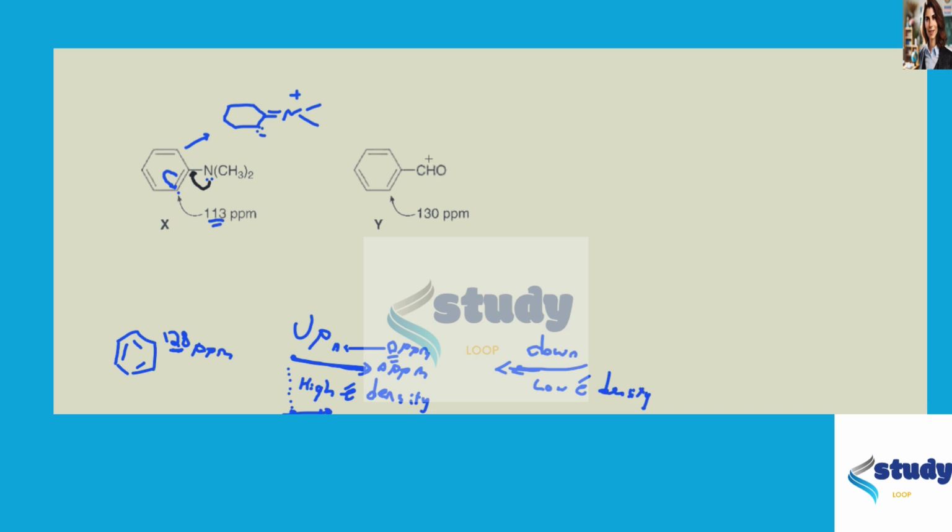But now what about this group? If I redraw it in Y, we see that we have an aldehyde here. I can also draw a resonance structure for this molecule using this pi bond. We make a bond here, we break a bond. Now we're withdrawing electron density out of the benzene ring to this electronegative oxygen atom.